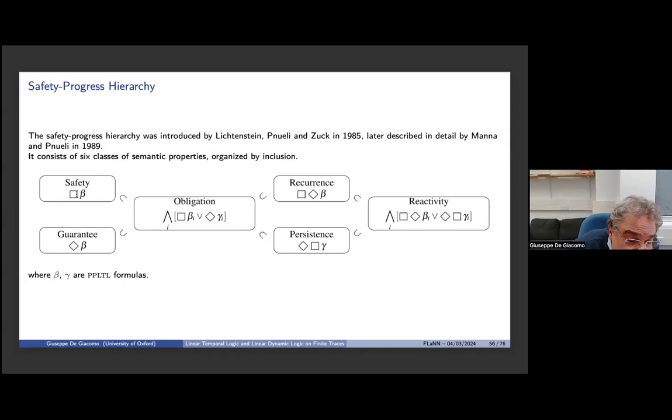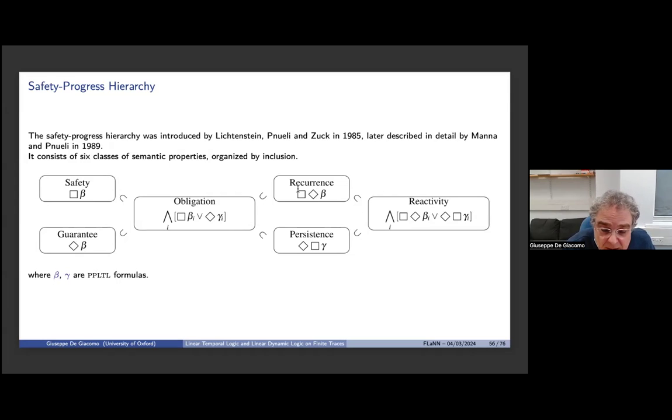And for example, for safety, they are formulas of the form always in the future, and then what? We have a formula in pure past LTL. They are all of this shape. Guarantees, or co-safety: what it means is that eventually in the future, you reach a position such that the trace generated so far satisfies B, where B is a pure past LTL formula.